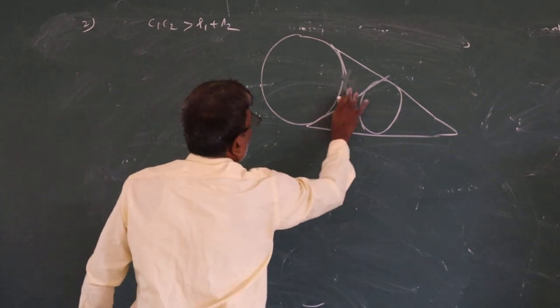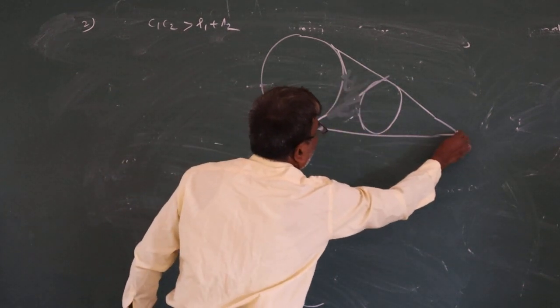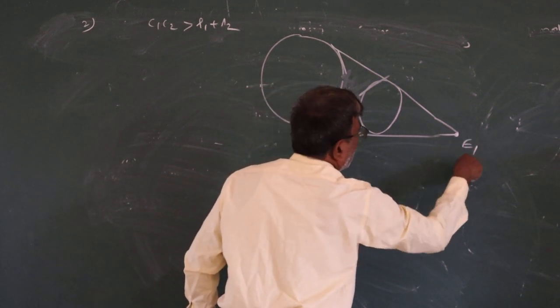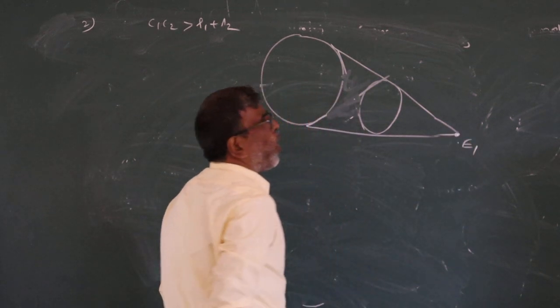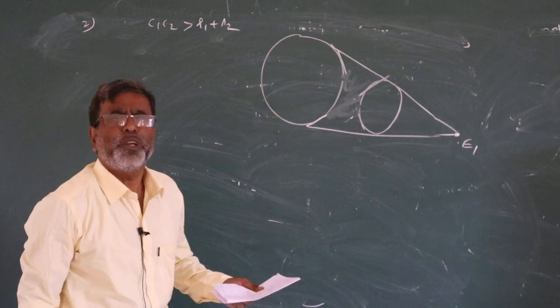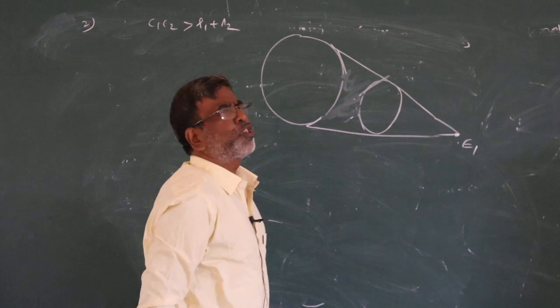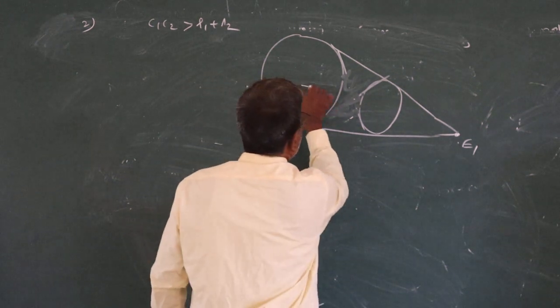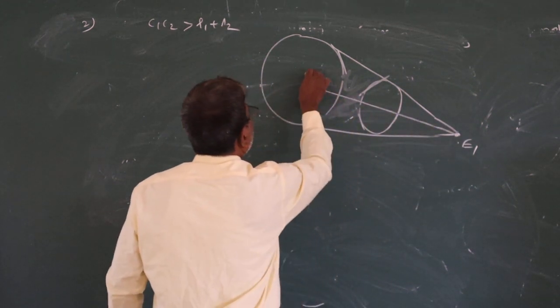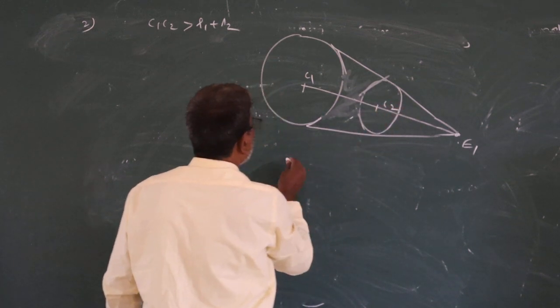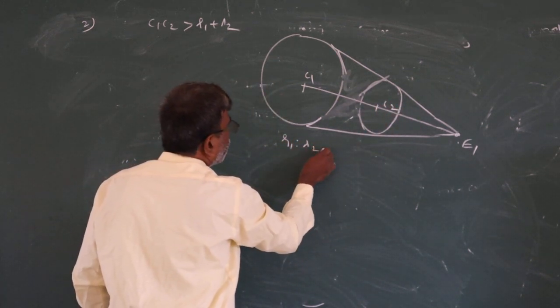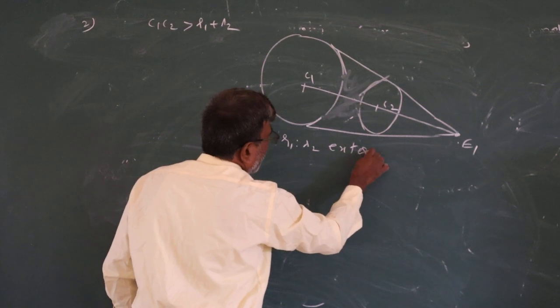First, let me explain the direct common tangent. Where the direct common tangents intersect, it is called the external center of similitude. E1 is called the external center of similitude. E1 divides the line joining the centers C1C2 in the ratio R1 is to R2 externally.